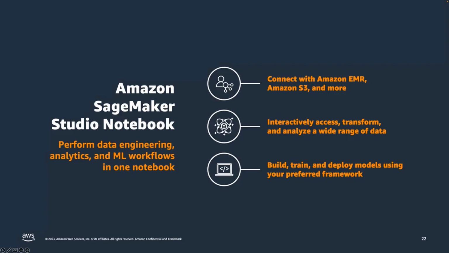With SageMaker Studio, you can browse and query data sources, explore metadata schemas, and start processing jobs for analytics or machine learning workflows. You can code using your preferred framework to build, train, and deploy machine learning models, all without leaving the universal Amazon SageMaker Studio notebook.